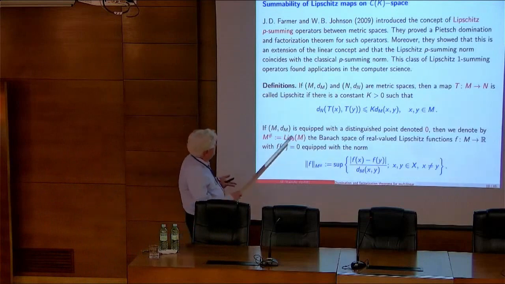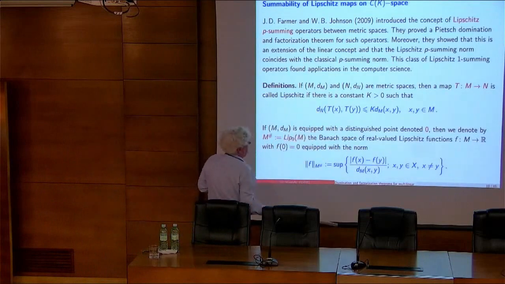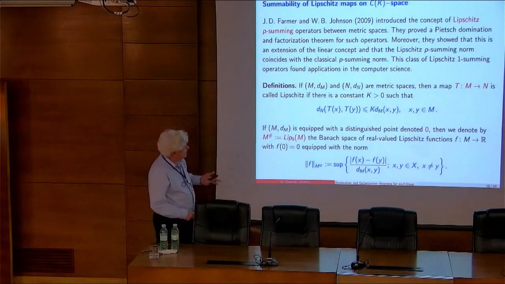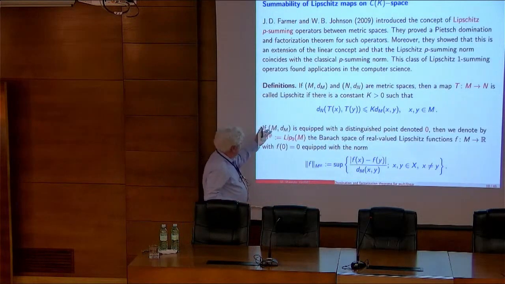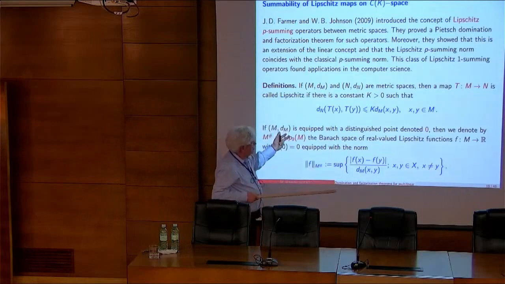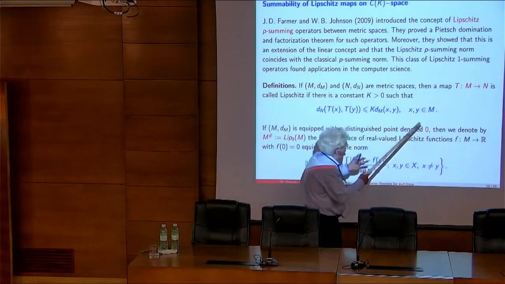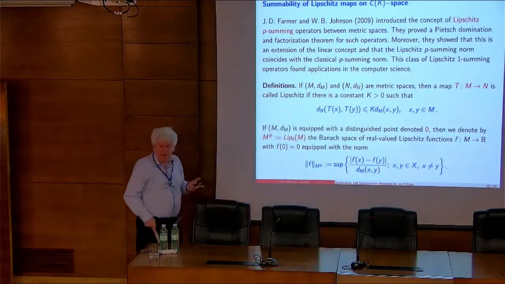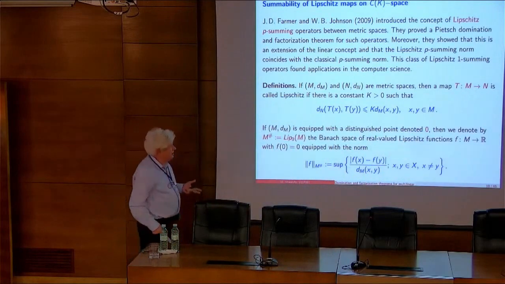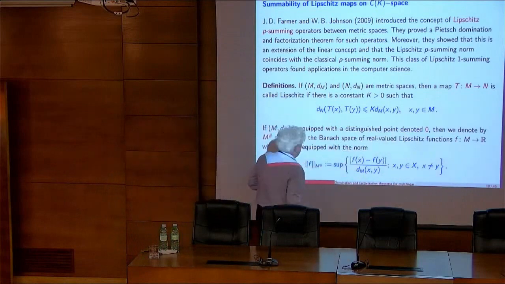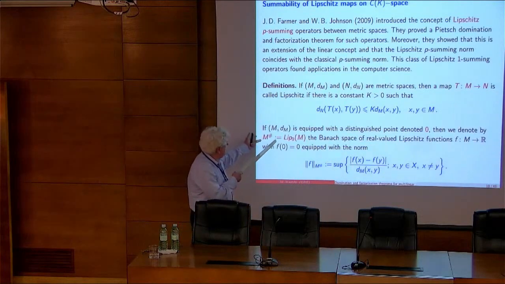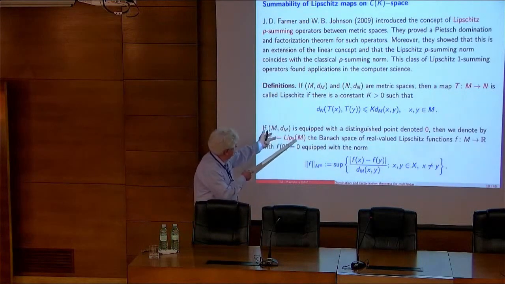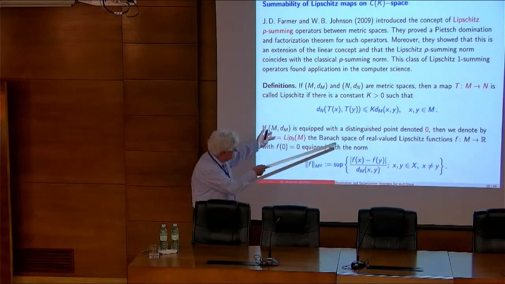So the precise definition: we have two metric spaces and a map between them, which is Lipschitz in the classical sense. To localize the problem, we fix a point in the metric space denoted by 0, though maybe this is not a linear space, but people just write this way. This is the space of all Lipschitz functions for which the value at this fixed point is 0.